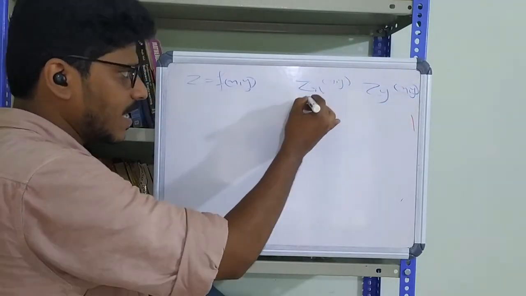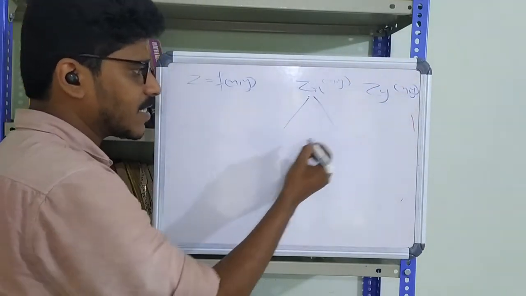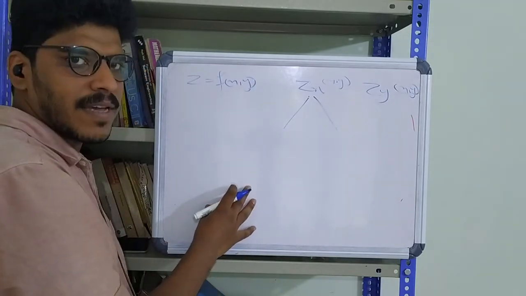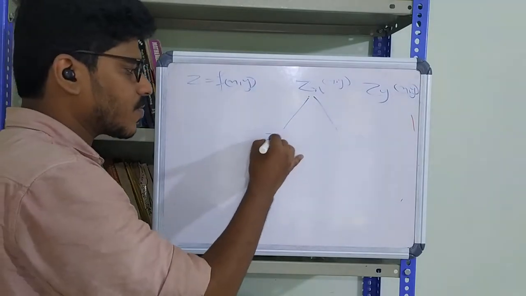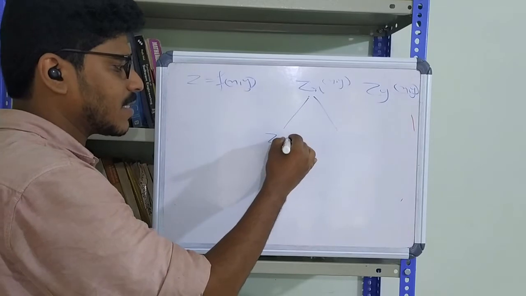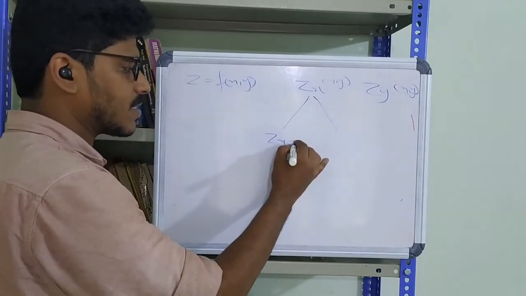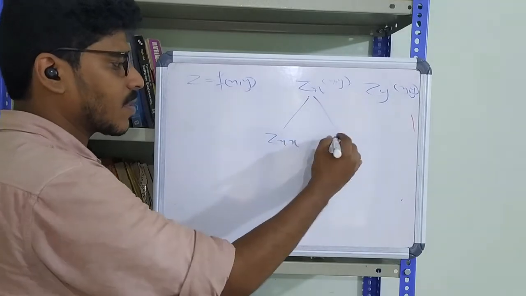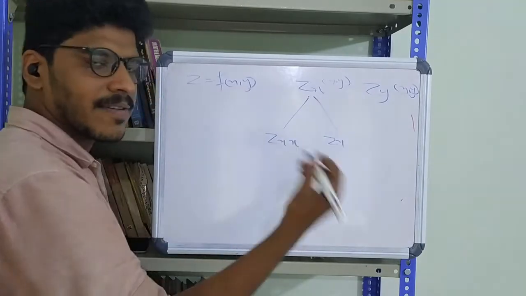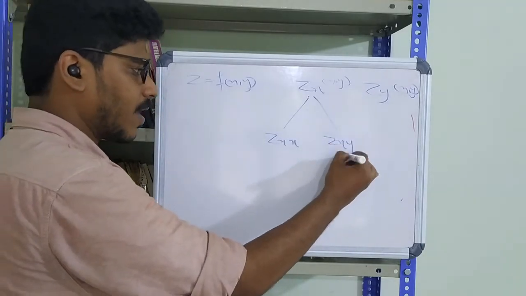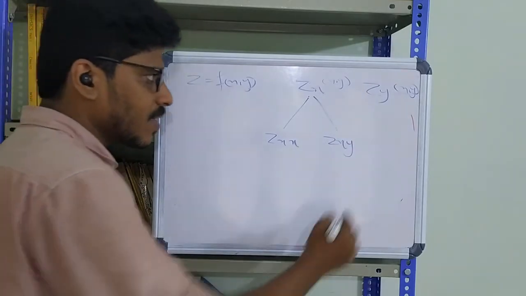Then zx can be again differentiated with respect to x and y. Following the same notation, zx can be again differentiated with respect to x, zxx, and zx can be again differentiated with respect to y, zxy.